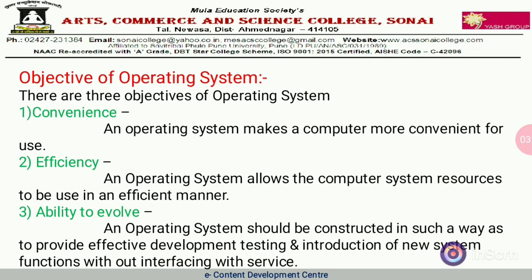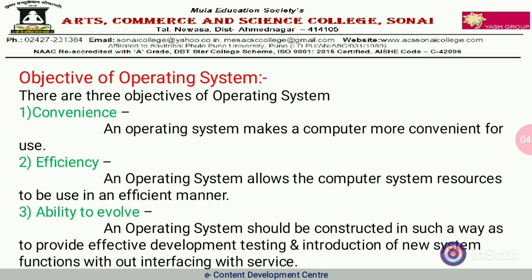Next point is objective of operating system. There are three objectives of operating system. First is convenience. An operating system makes a computer more convenient for use. Second, efficiency. An operating system allows the computer system resources to be used in an efficient manner.